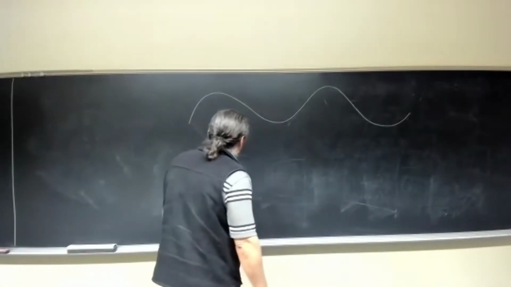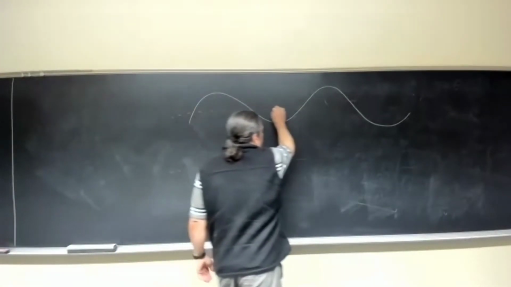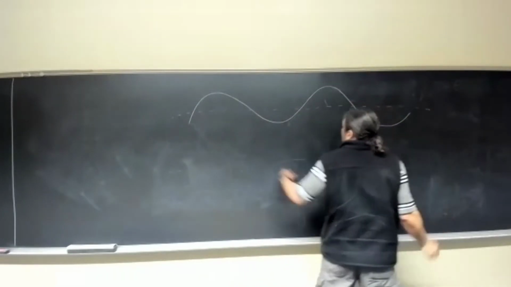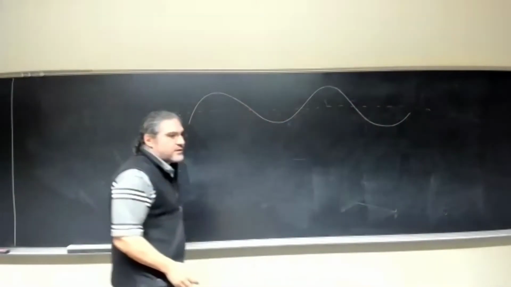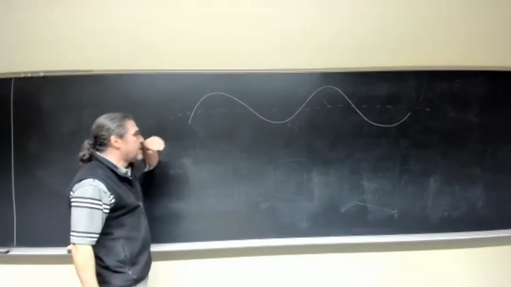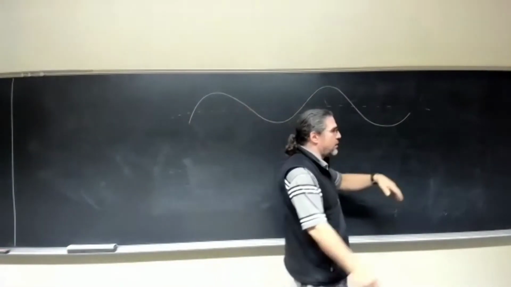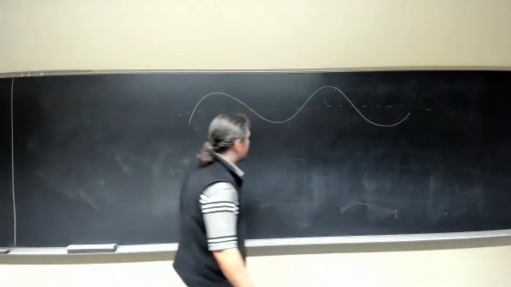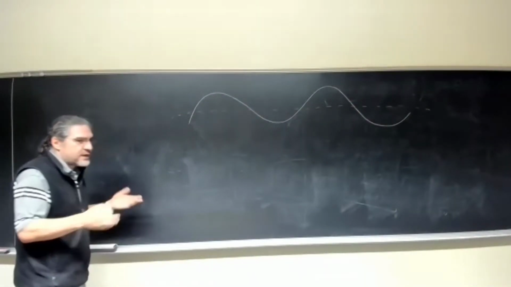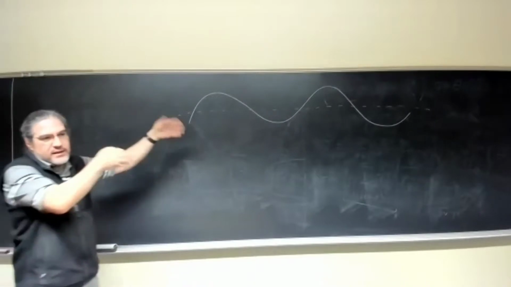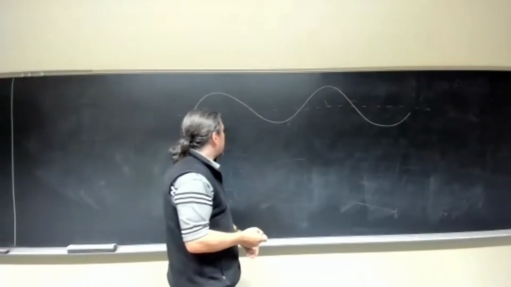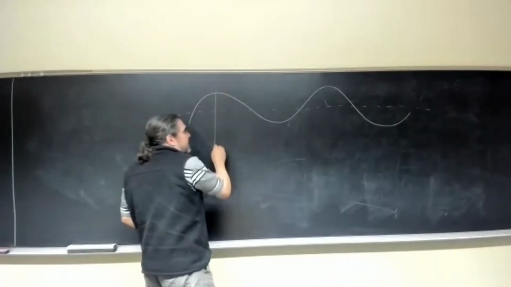That wave has several properties. So let's say that this is our 0, and you can think about it as a wave on the surface of water, or sound waves, and this is the pressure, ups and downs of the pressure, or light, then this is the electric field going up and down, and so forth. Any wave can be represented like this. So that wave has a wavelength, right?